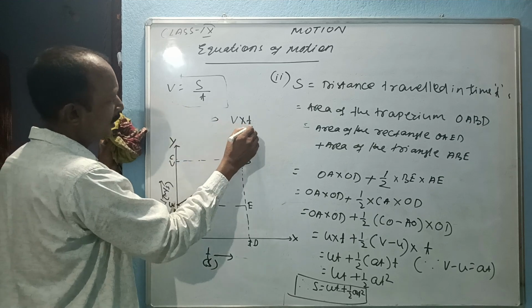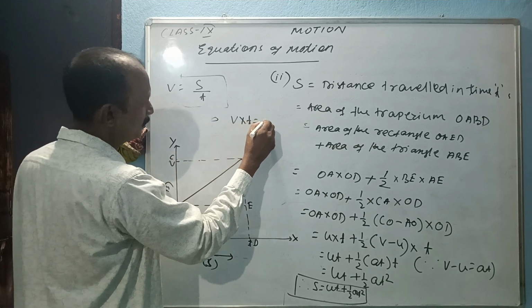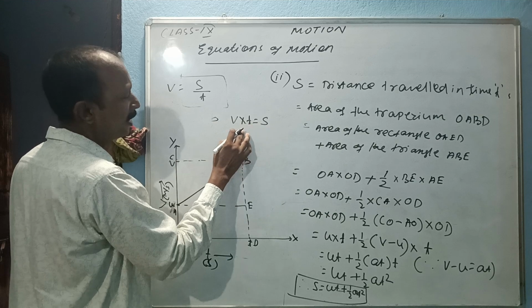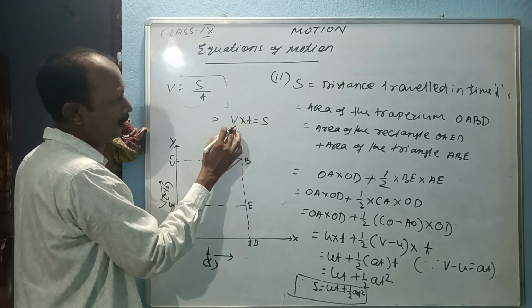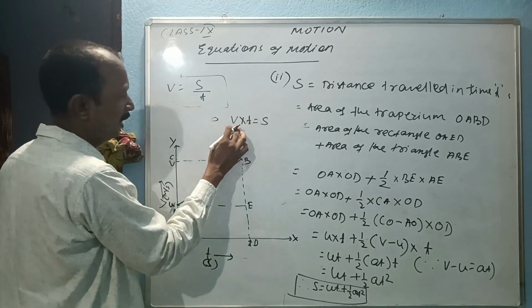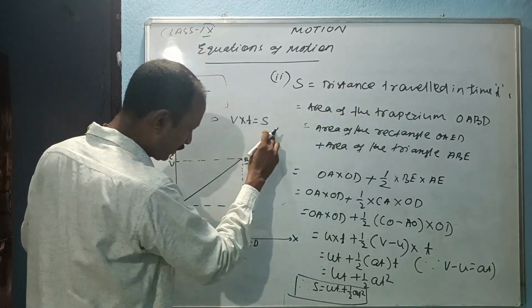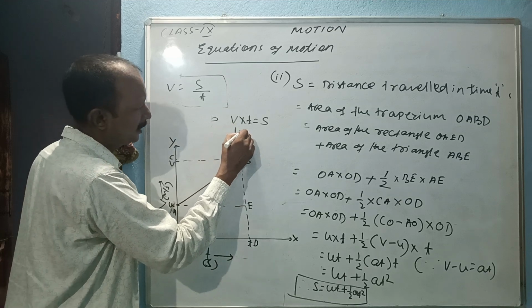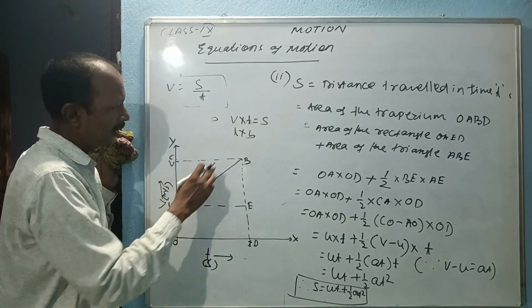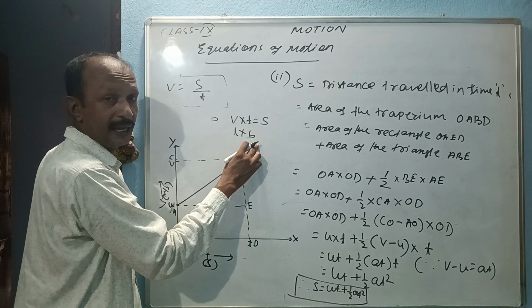So whenever I multiply velocity with time, I get the displacement. So displacement is equal to velocity into time. In place of writing velocity into time, you can think that this is length into breadth. Okay, that means it gives the area.